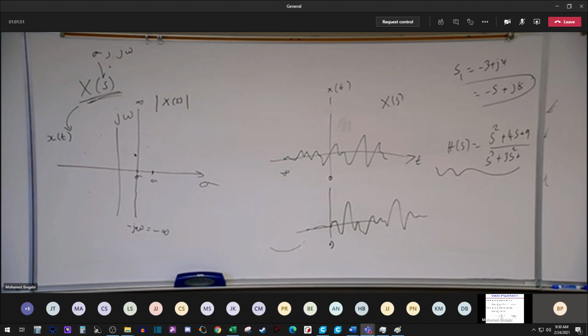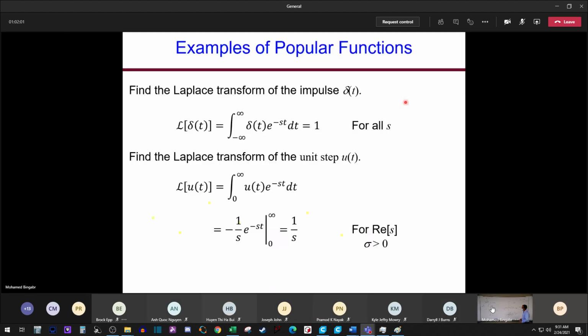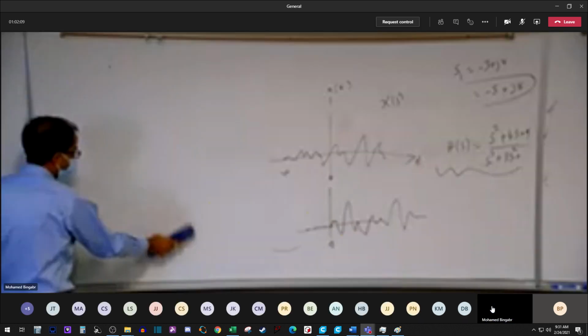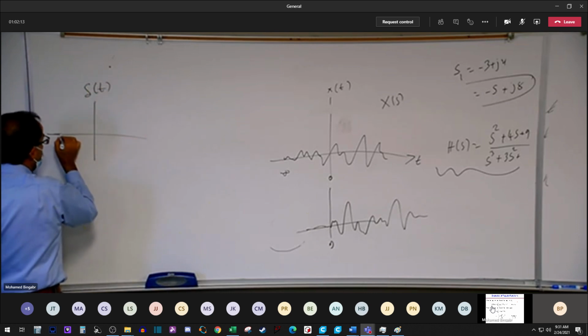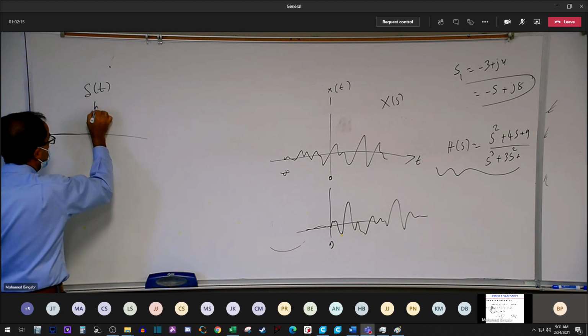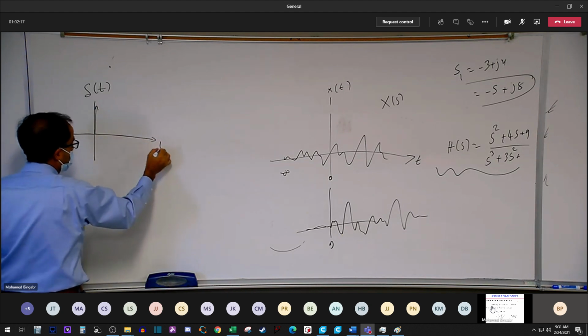Okay. Let's take examples. Let's look at this impulse. Find the Laplace transform of this impulse. In the time domain, we may think of the impulse as nothing, right? An impulse like this in the time domain, it's just 0, 0, 0, a sudden jump, then 0, 0.